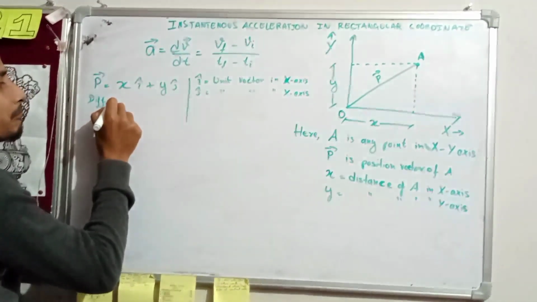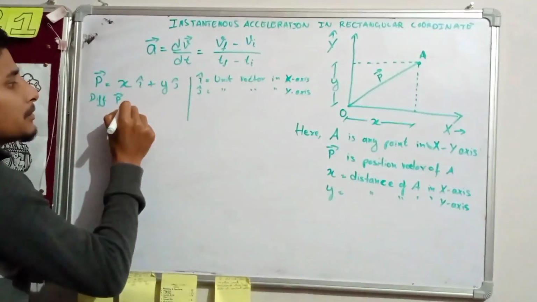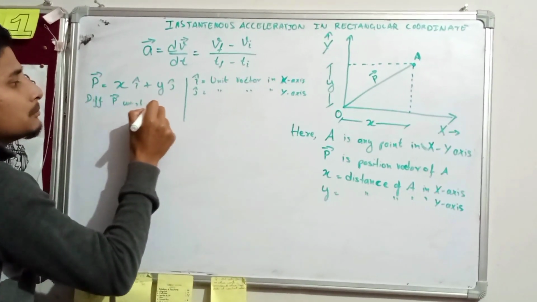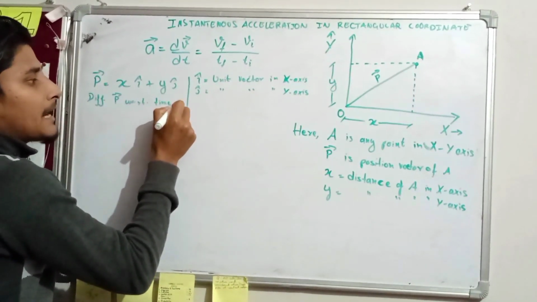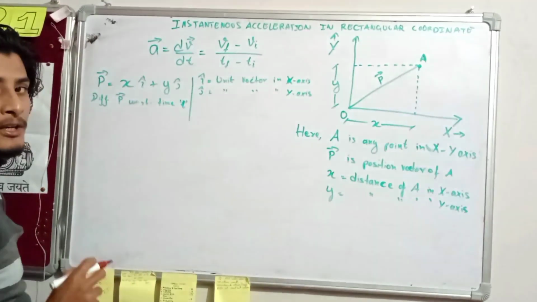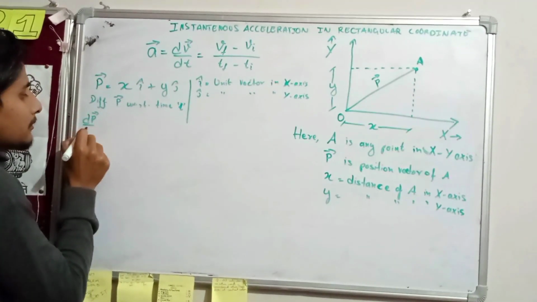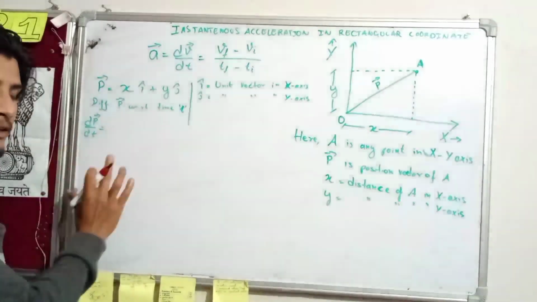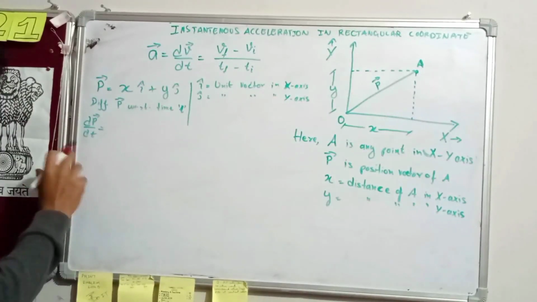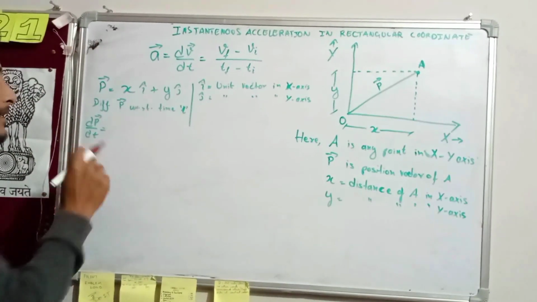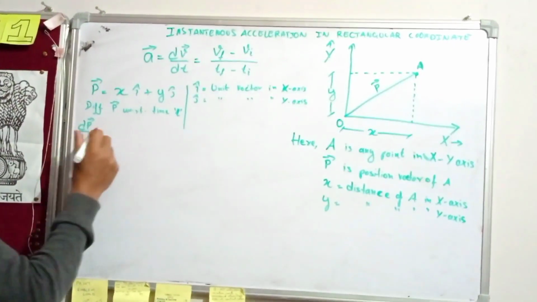So now if I differentiate this P with respect to time, where time is my small t, this is the differentiation of the position vector with respect to time. Position means a distance, right? So position vector, distance with respect to time.